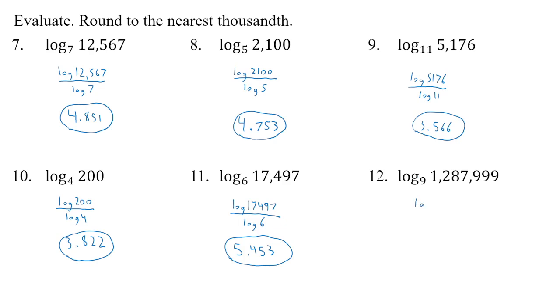So this is what you're going to enter in your calculator: log of 1,287,999 divided by log of 9. Enter that into the calculator, and you will get 6.403.